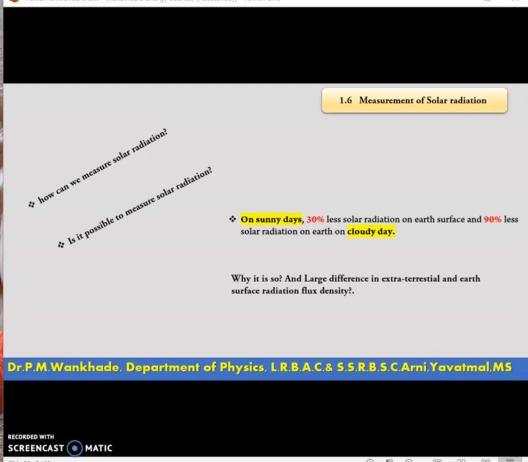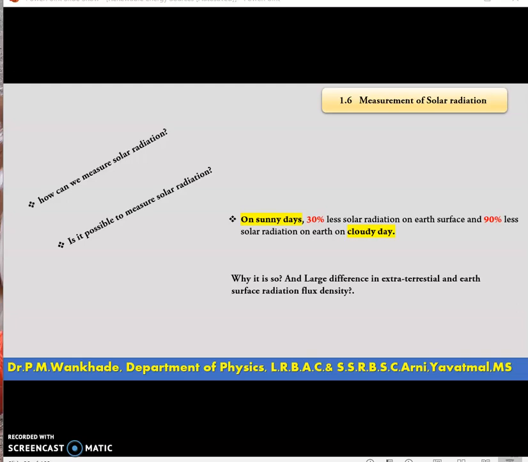Due to these processes, out of the whole spectrum of solar radiation, only a small portion reaches the Earth's surface. As a result, the main wavelength range to be considered for solar application is up to 4 micrometer. This 4 micrometer number was calculated in the previous lecture by Wien's law.